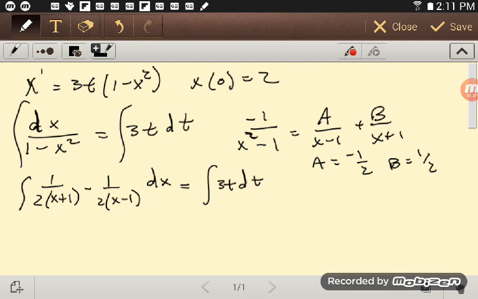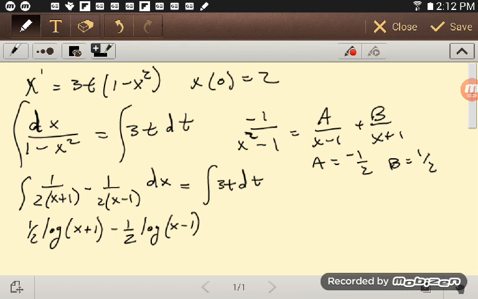And so here we'll have a 1/2 log, and I'm going to write it as log instead of ln, just because that's what Sage does as well. So minus 1/2 log x minus 1. Now, I didn't put in the absolute values because actually the antiderivative is absolute value.